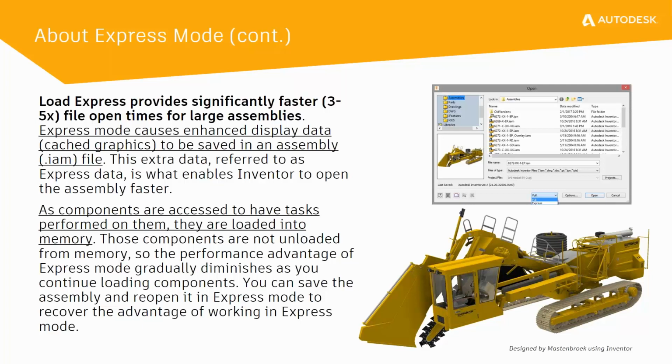So what you will notice, and I think I'll highlight this later on in the presentation, is that by turning on Express Mode, Inventor is gathering the information that it needs to be able to run in Express Mode and saving that inside the assembly file. So this extra information is going to mean that your file sizes are going to increase, but it's going to potentially significantly reduce the time taken to load and work with your large assemblies.